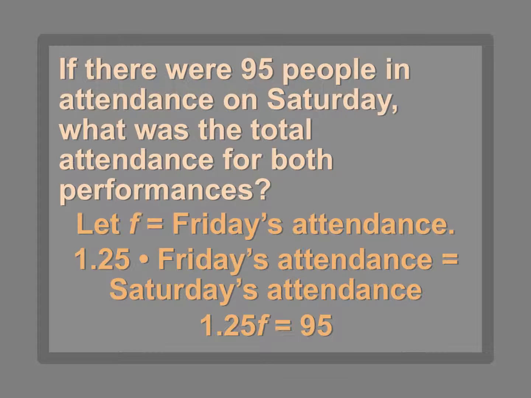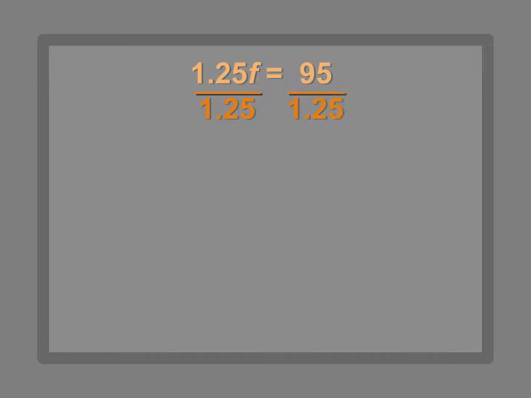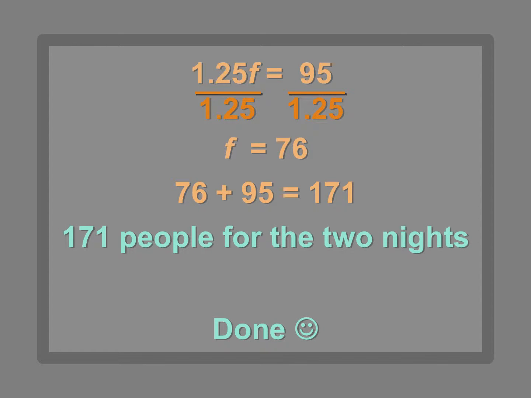So that means 1.25 times Friday's attendance was equal to 95. So now we can solve for Friday's attendance. We divide both sides by 1.25 and we get 76. So now we know that Friday was 76 and Saturday was 95, which means the total for the entire weekend would be 171 people. All right, go ahead and try some problems on your own.